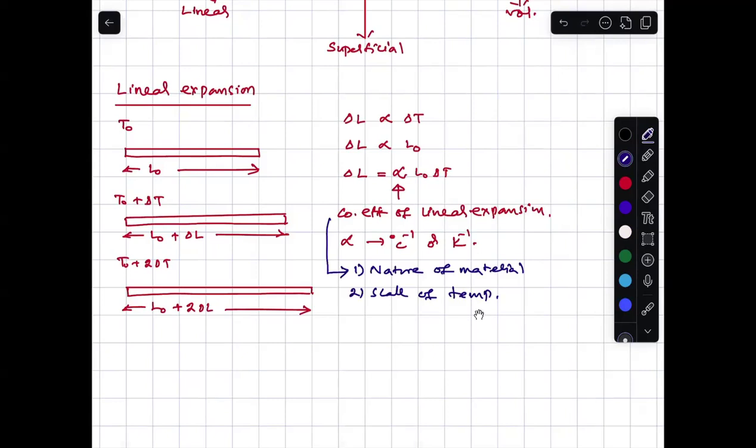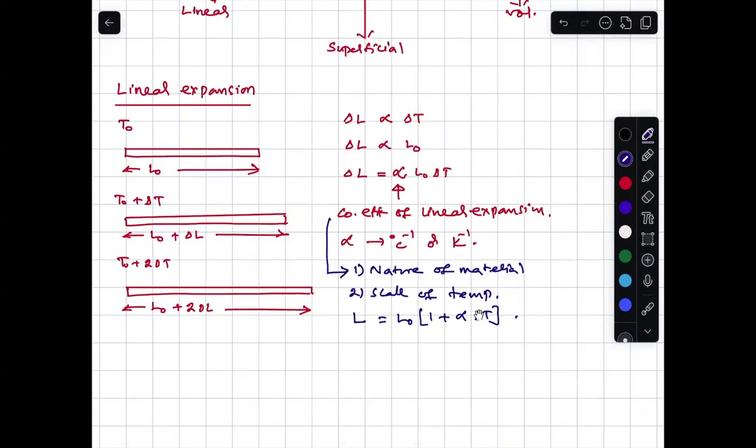So finally, the length can be written as L naught times 1 plus alpha delta T. Remember, honestly speaking, this is not correct.